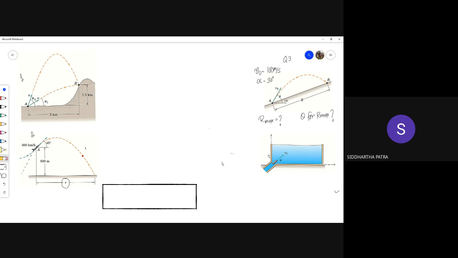So this angle with the horizontal is theta, which gives us the x and the y component. So Vx0 is 100 cos theta, or V0 cos theta, and Vy0 is 100 sine theta.